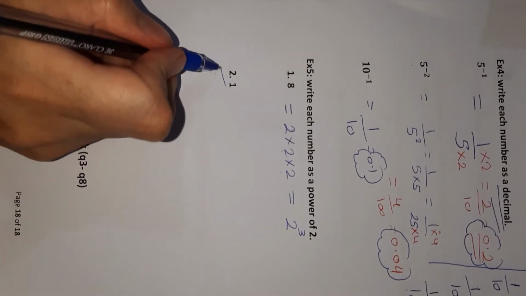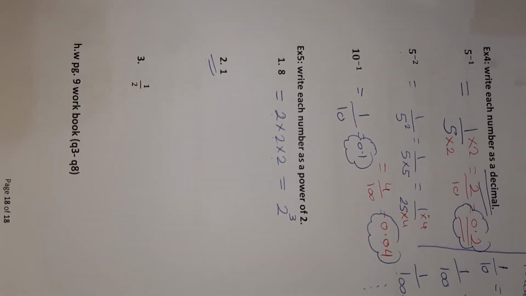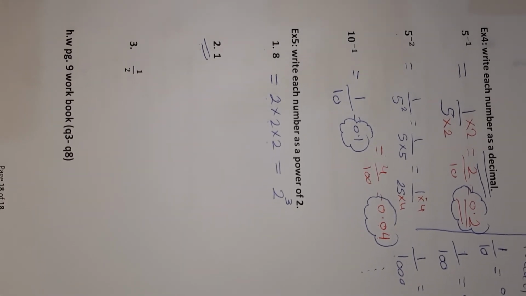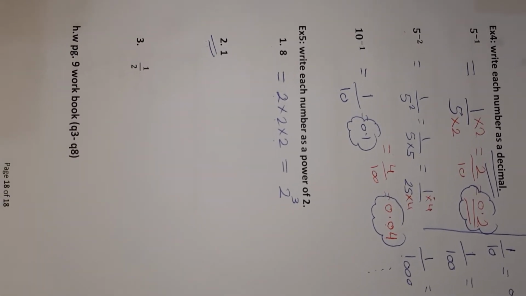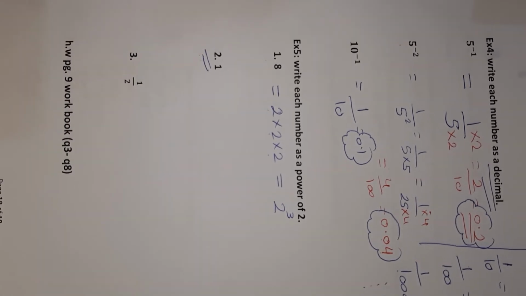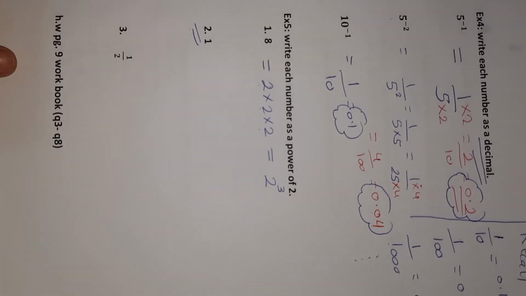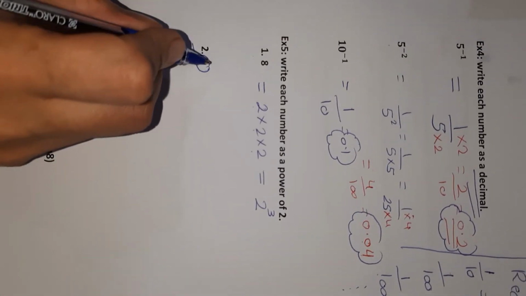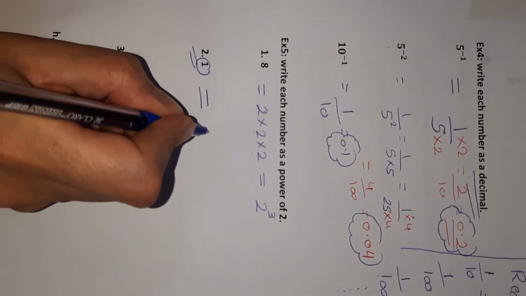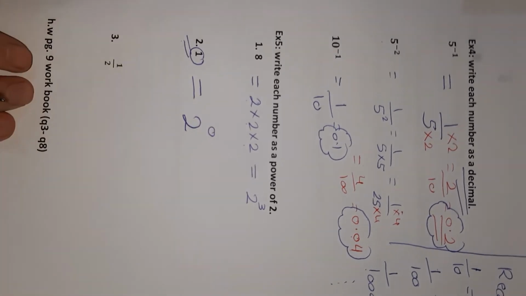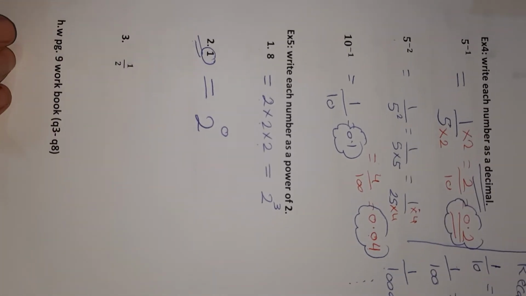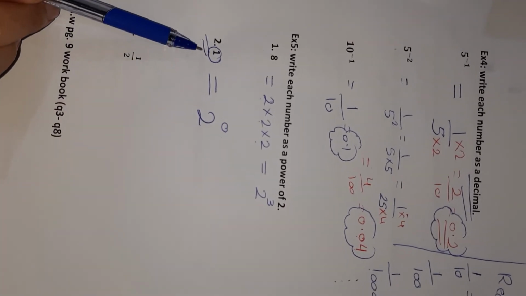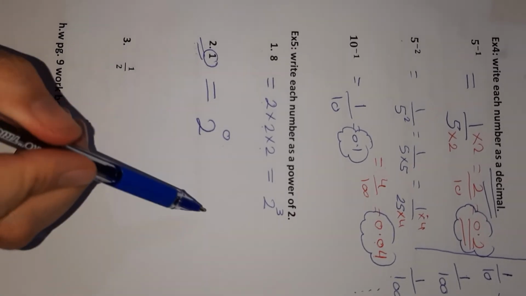Now, what about this one? This is 1. How can I write 1 as a power of 2? I mean, 2 to the power of what will give me 1? Think about it. Did you get it now? I can rewrite 1 as 2 to the power of 0, because any number to the power of 0 equals 1. This is the solution.